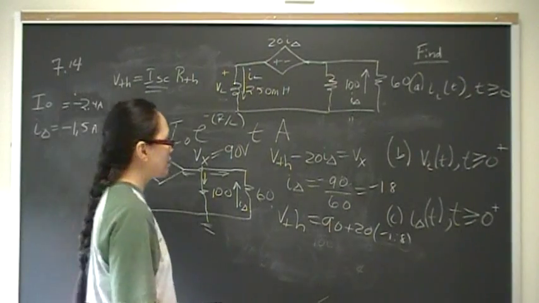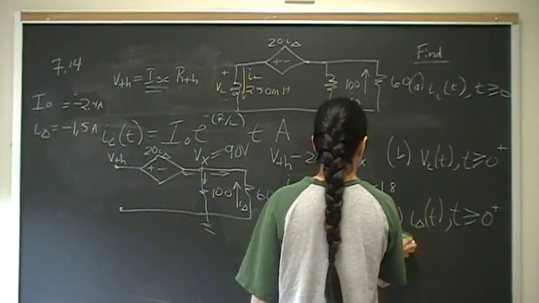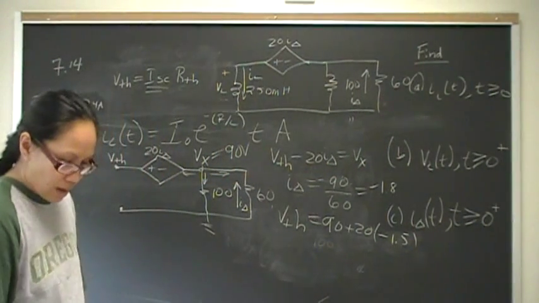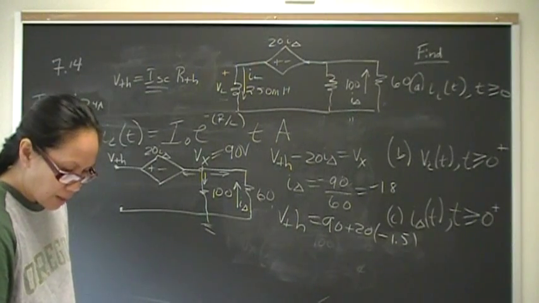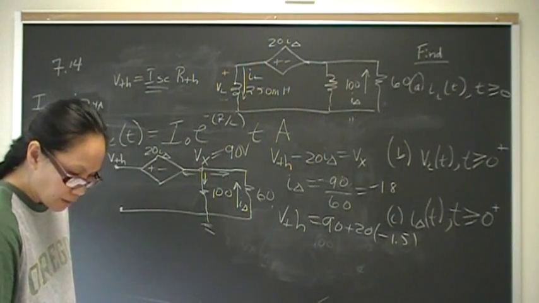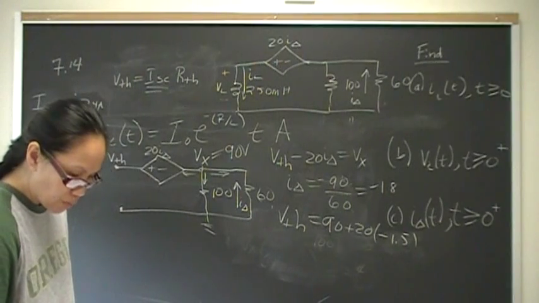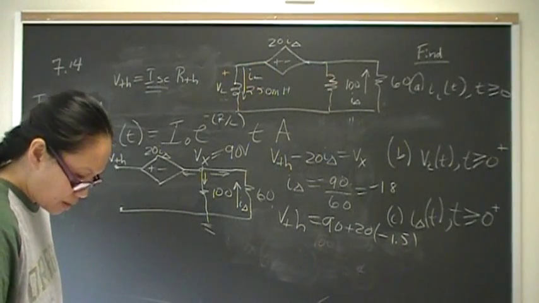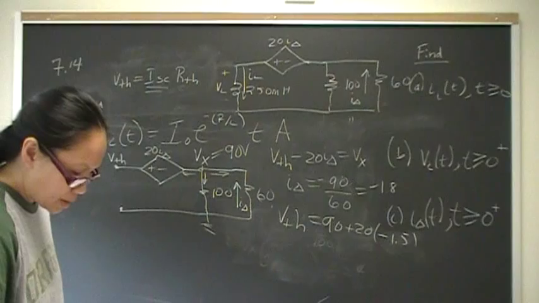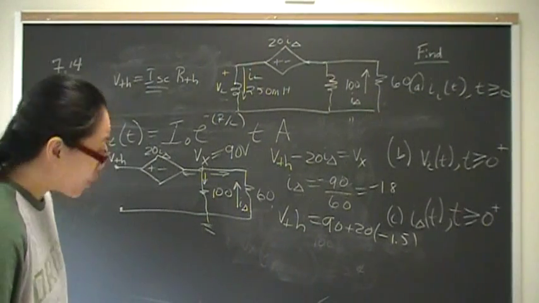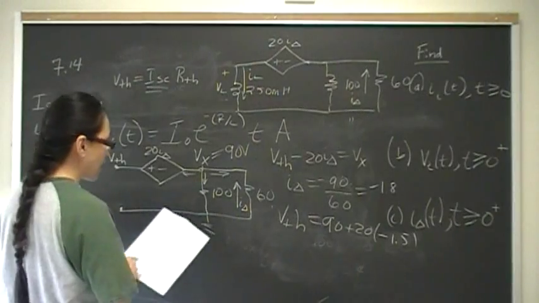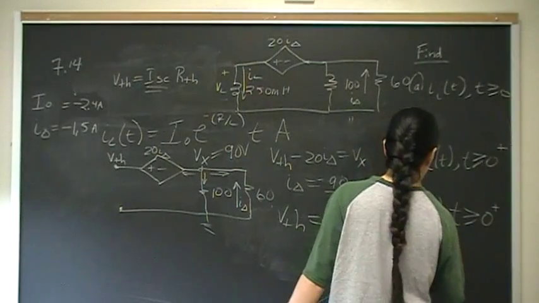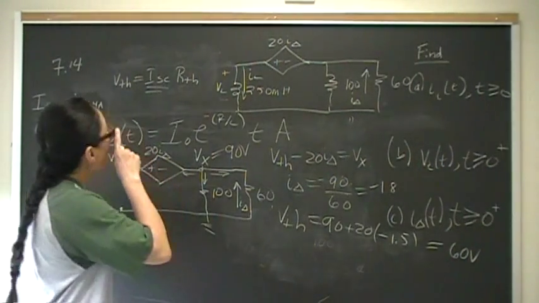So then I have negative 1.5 here. So then 90 plus 20 times negative 1.5. Okay, now my math matches. So 20 times negative 1.5 tells me V Thevenin is 60 volts. Now I know what V Thevenin is.